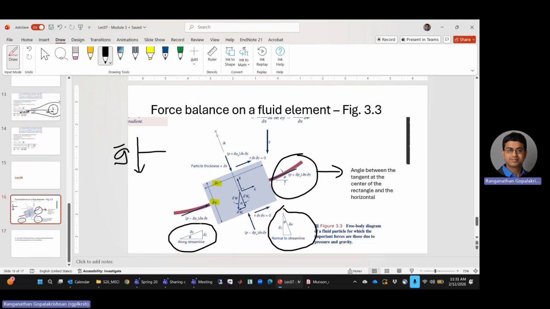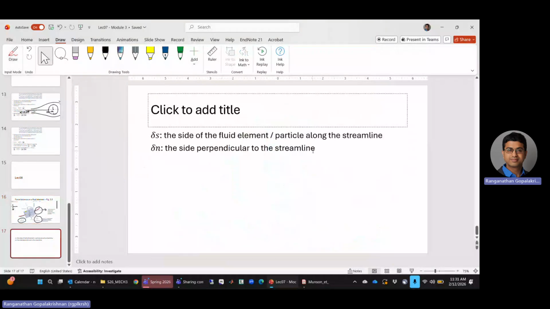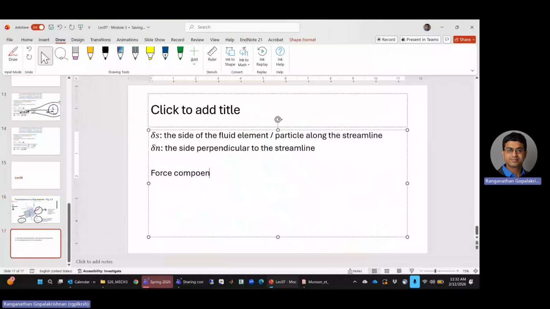And the component that is perpendicular to the streamline will be G cosine theta. Again, I'm skipping some steps. I'm just trying to summarize the key forces. So let me write here the force components resolved.